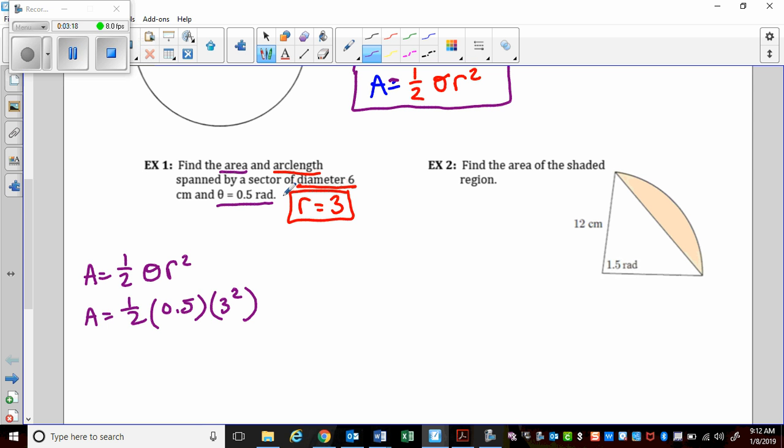You can just plug this into a calculator, and we get area of the sector is about 2.25, and make sure you write your units. We have centimeters squared.